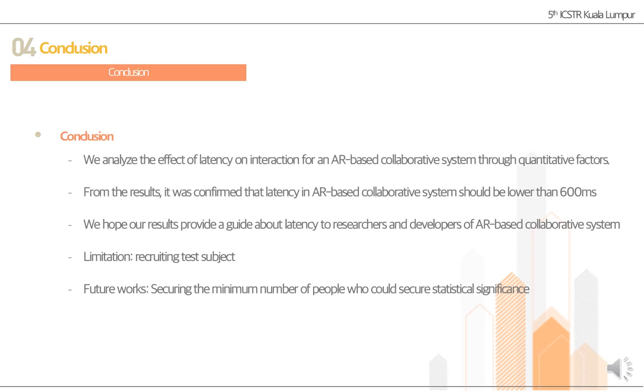However, non-parametric statistics were performed because a sample with guaranteed normality was not secured. So, in the future, we will try to secure the minimum number of people who could provide statistical significance.